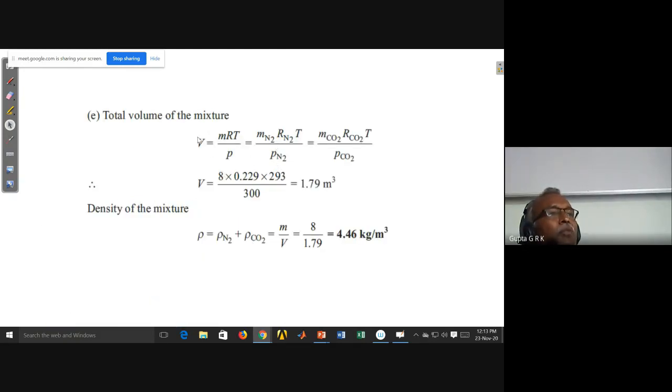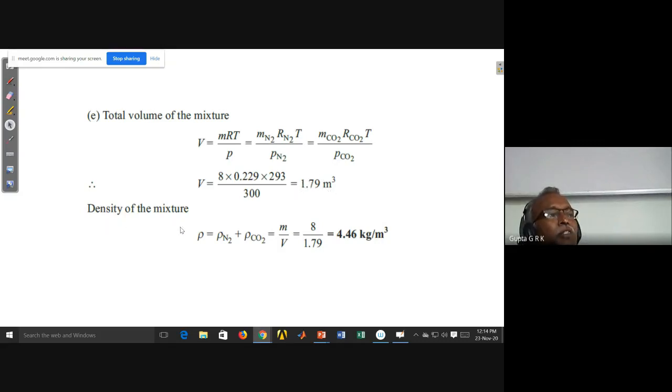So here you can put the mixture mass, mixture temperature, and mixture pressure. So 8 into 0.229 into 0.293 by 300. This 0.229 is R of CO2. Okay. So this is 1.79.